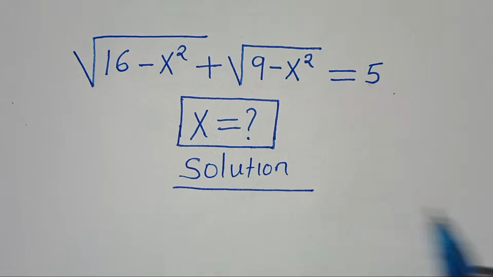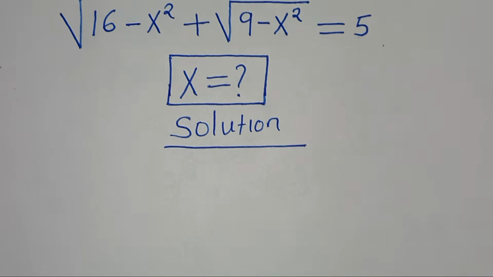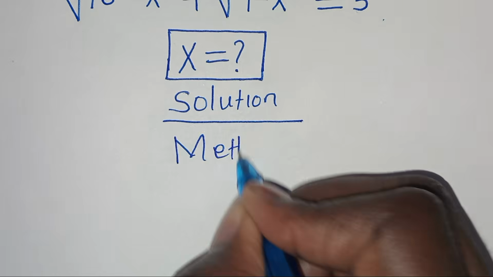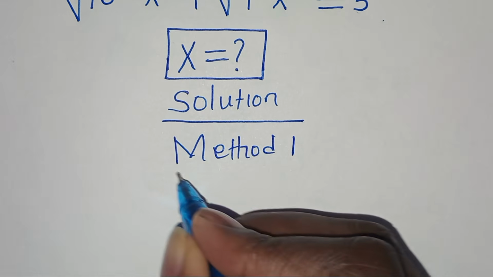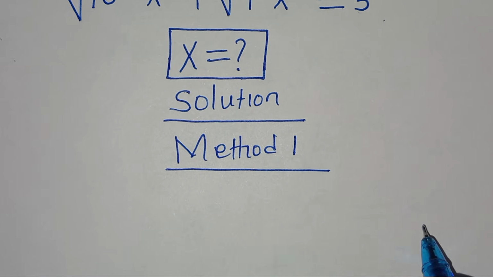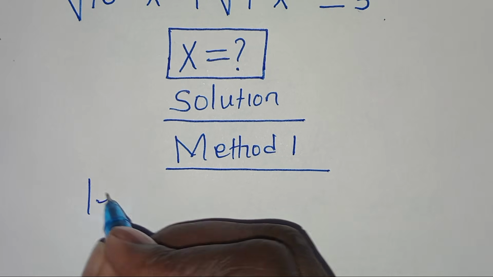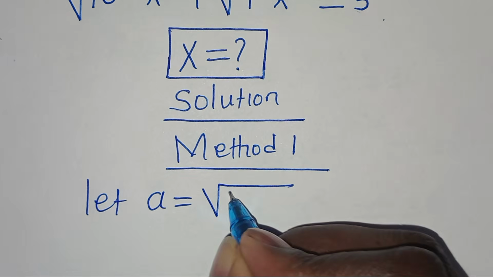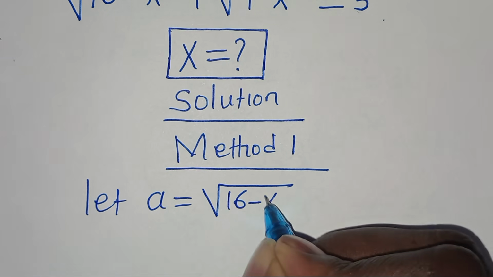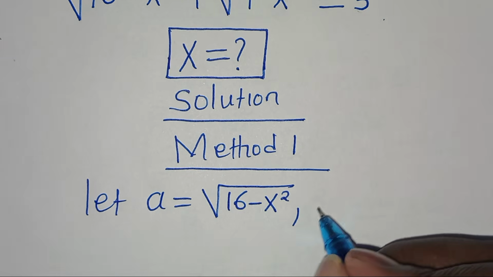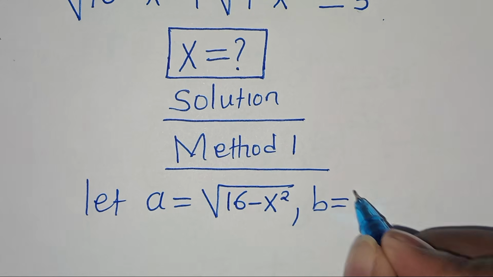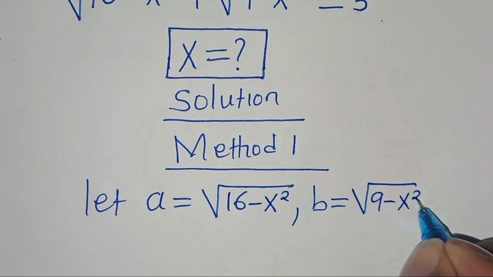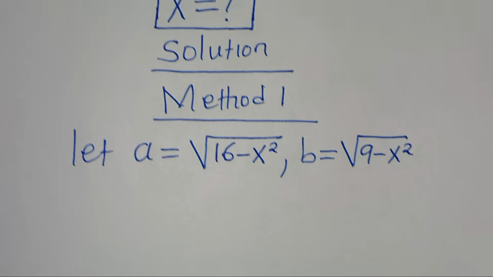Now, we are going to solve this by applying two methods. Let's start with method 1. In method 1, we can let a be equal to the square root of 16 minus x squared, and we can let b be equal to the square root of 9 minus x squared.